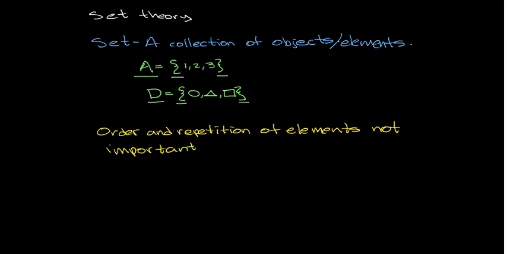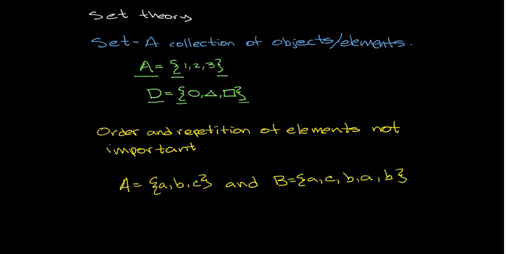For example, let's say we have set A, which is the collection of letters A, B, and C, and another set, set B, which has the elements A, C, B, A, B. So ABC is the same thing as ACB, since order is not important, and we have two A's and two B's, but again it's not important since repetition in sets is not important.